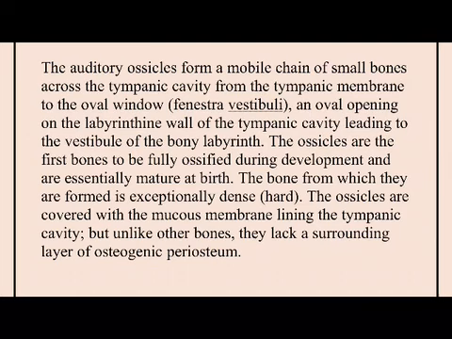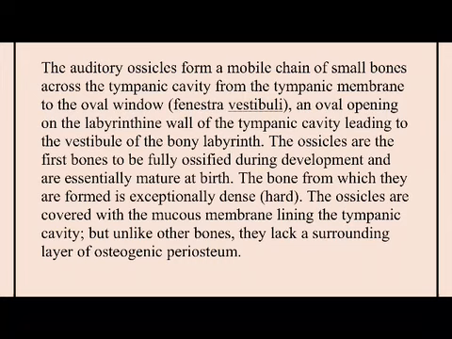The ossicles, that's the malleus, the incus, and the stapes, are the first bones to be fully ossified during development and are essentially mature at birth. Very interesting about the ossicles. The bone from which they are formed is exceptionally dense, that is, it's hard.